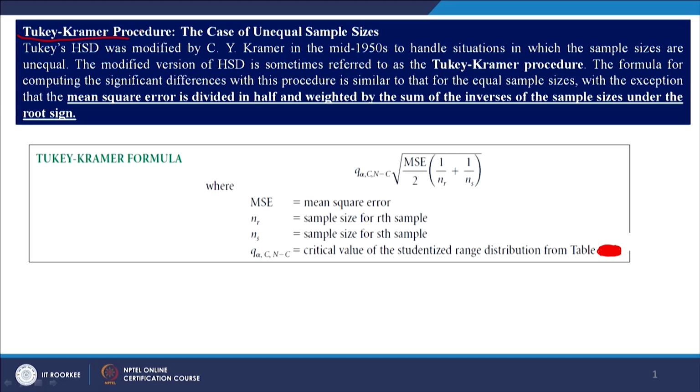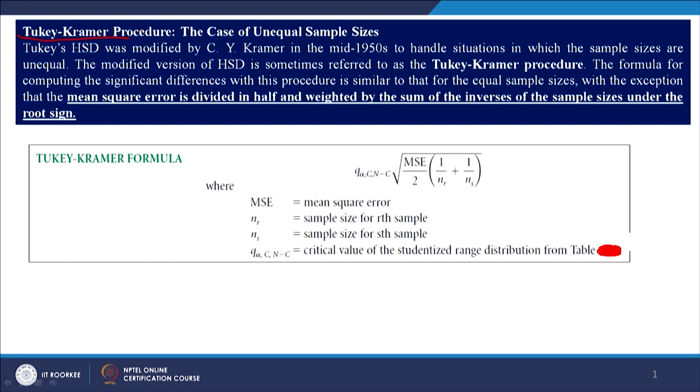We have seen the Tukey test, wherein we compared means of different groups when the sample size was the same. Let us look at the extension of the Tukey HSD test. It is called the Tukey-Kramer test.